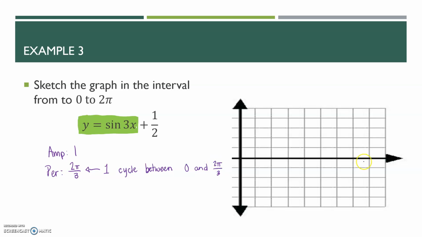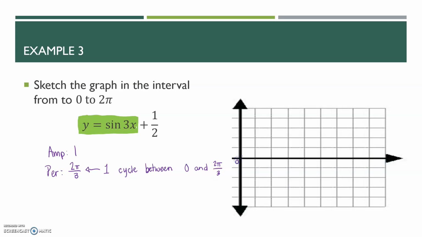Now normally I've been graphing like this and putting 2 pi and then pi and pi over 2, but this time I'm going to do something a little different. Because I have this period of 2 pi over 3 and it's between these two values, 2 pi over 3 would be somewhere between pi over 2 and 3 pi over 4. I actually want to go ahead and count by thirds instead of by fourths, just so I can graph this accurately.